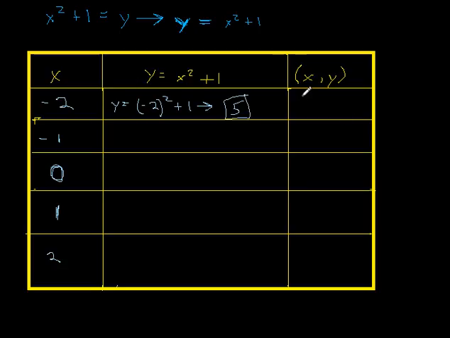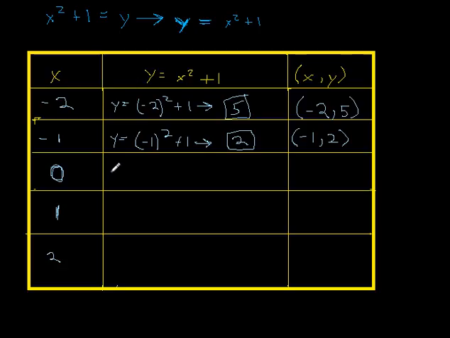All right, so the ordered pair here is -2 and +5. Let's look at the next one. The next one says y equals, I'm substituting -1 in for the x, -1 squared, which is 1, plus 1, and that equals 2. So now the ordered pair is -1, +2.